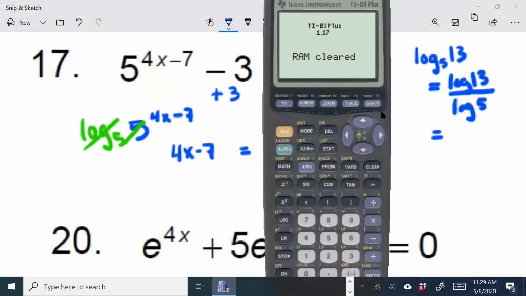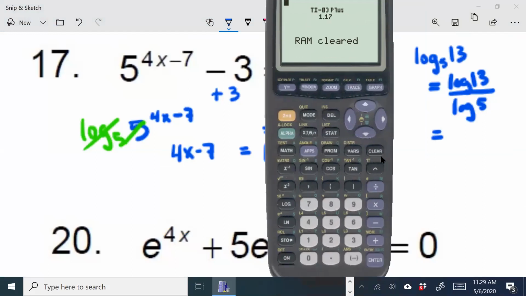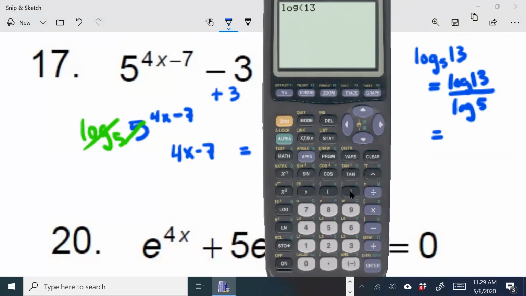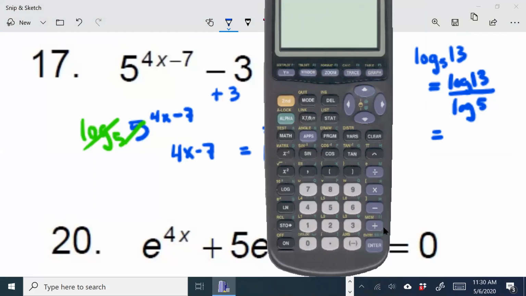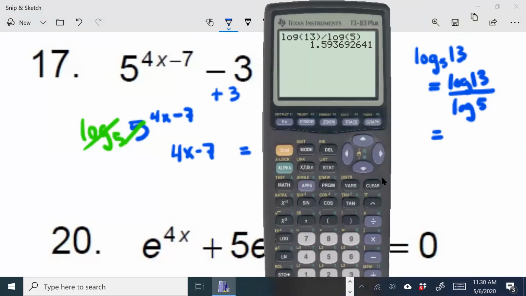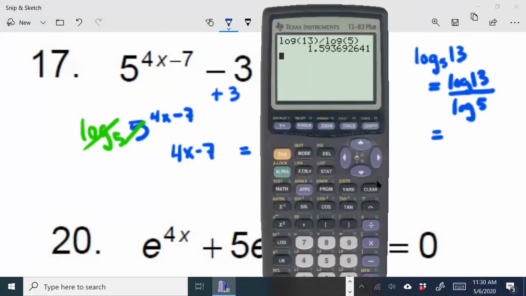Here I can type in log of 13, close the parentheses, divide by the log of 5, close the parentheses, enter, and we get 1.5937.